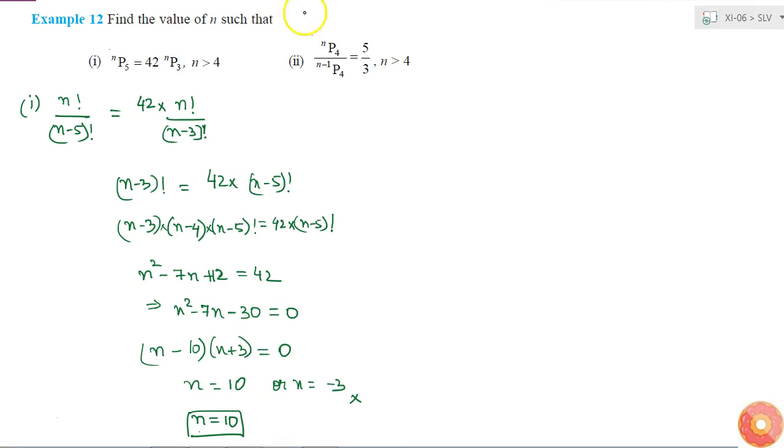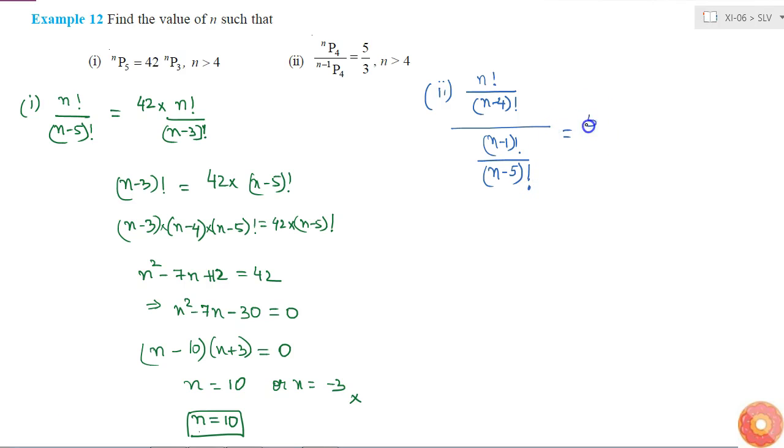Okay, so now the second part is nP4 by (n minus 1)P4 is equal to 5 by 3. So if I expand it, I'll get n factorial by (n minus 4) factorial divided by (n minus 1) factorial by (n minus 1 minus 4), which is (n minus 5) factorial, right?